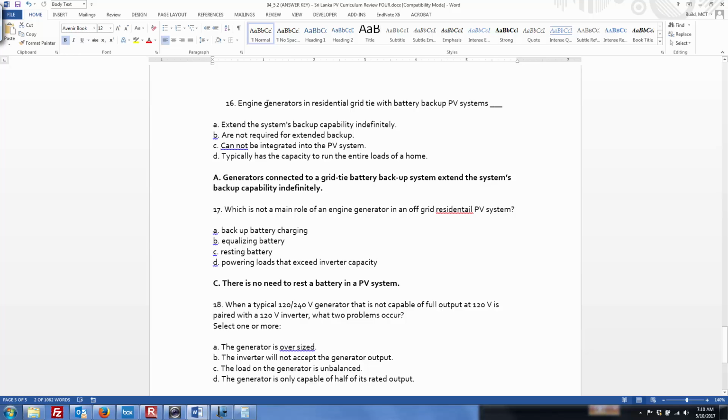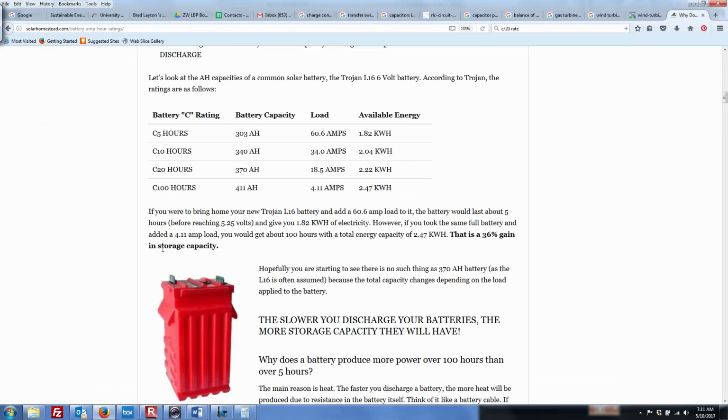Engine generators in residential grid-tie battery systems, and we just saw this a second ago. So extend them indefinitely. Well, I guess this is true as long as the fuel doesn't run out, and it says if your battery bank goes down, or if your solar panel goes down.